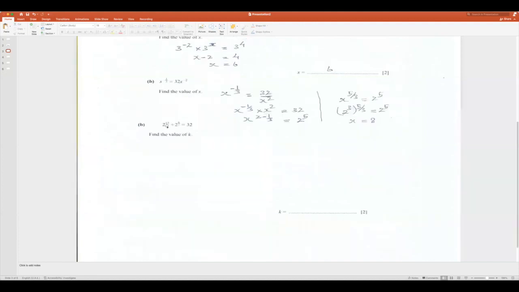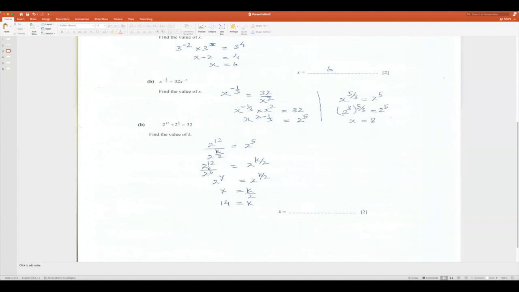Here 2 to the power 12 divided by 2 to the power k over 2 equals 32. So this is division. Then we have to subtract the powers to get the answer. So 2 to the power 12, 2 to the power k over 2 equals 2 to the power 5.